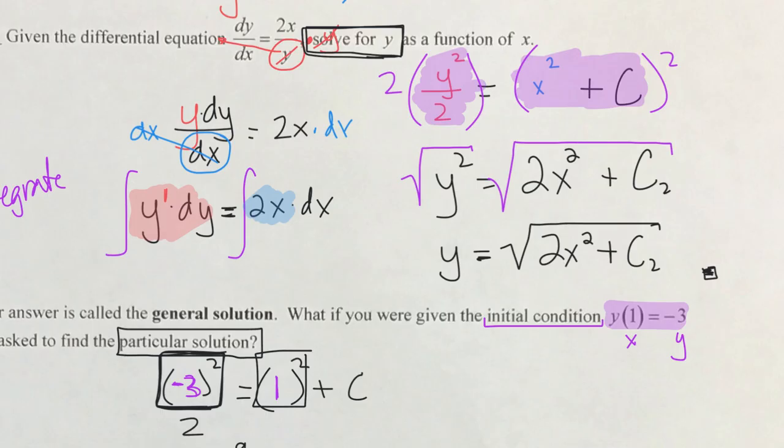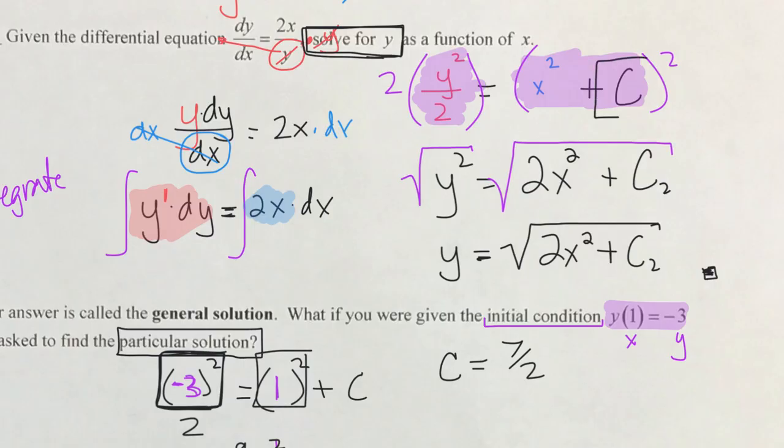Now we subtract 1 from both sides. What does our c value end up becoming? 7 over 2, because we change our 1 to be a fraction, 2 over 2. So 9 over 2 minus 2 over 2 is 7 over 2.